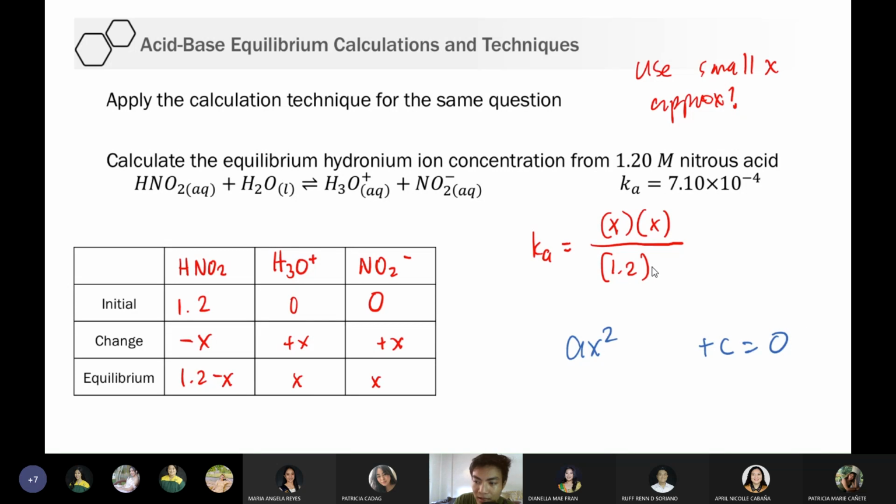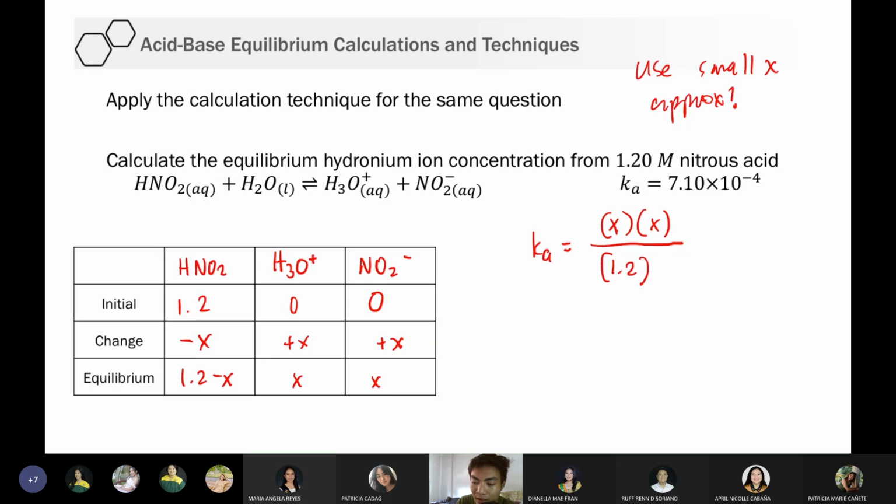Yung minus x dito sa baba, di ba originally ano yan? 1.2 minus x. Yung minus x mo dun sa baba, pwede mo na siya burahin. Okay? Kasi we assume that the x is small. Kaya small x. We assume that that value is negligible or small. Therefore, we can just assume na hindi siya nagmamatter. So we can simplify our equation as this.